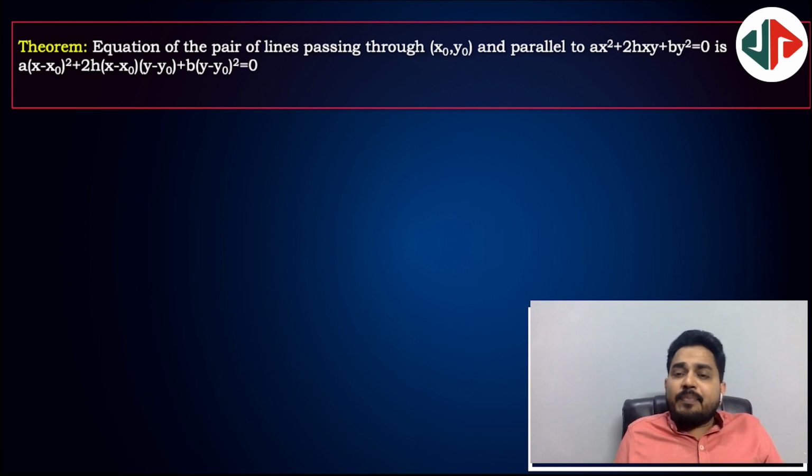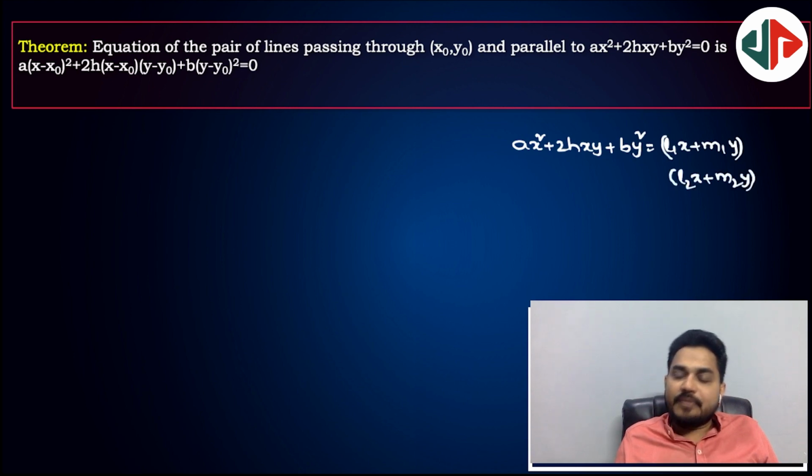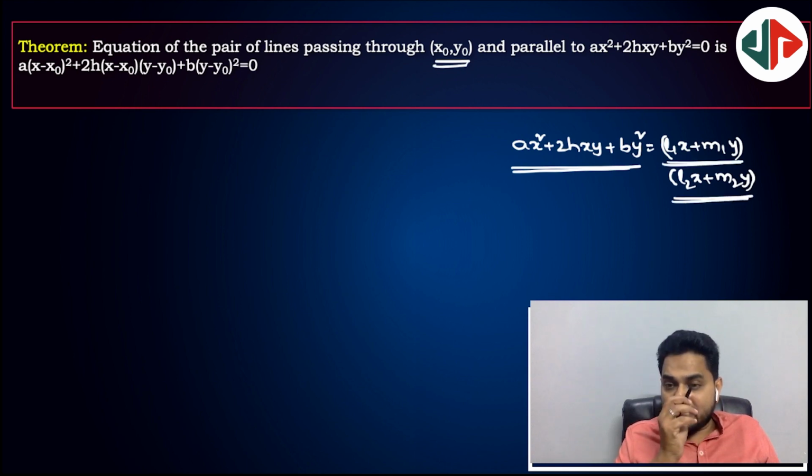See, if I write ax square plus 2hxy plus by square is equal to (L1x plus M1y)(L2x plus M2y), I need to find the pair of lines parallel to this one passing through x naught, y naught. So any line parallel to this one passing through x naught, y naught, and any line parallel to this one passing through x naught, y naught.